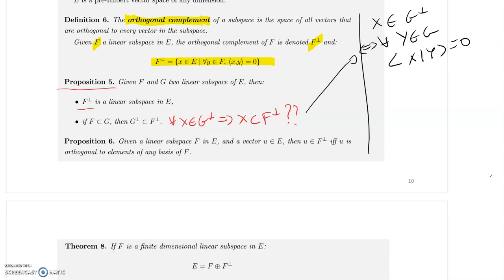And I want to prove that x is also going to be orthogonal to any z that belongs to F. That's very simple. Then what do we have?